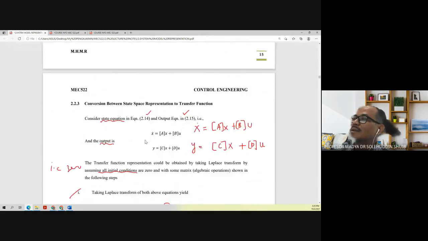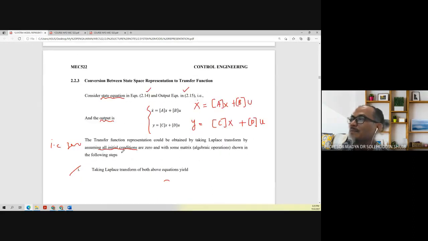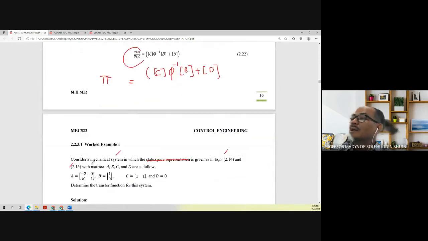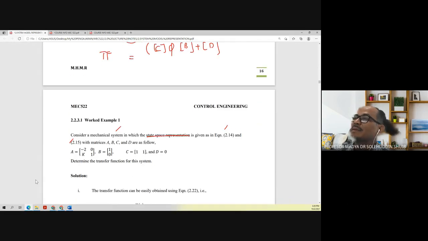We have the state equation and output, with matrices A, B, C, and D. All the information is given here. So A is minus 2, 1, 0, K1. B is 0, 1, 0. C is 1, 1. D is 0. So find the transfer function of the system.